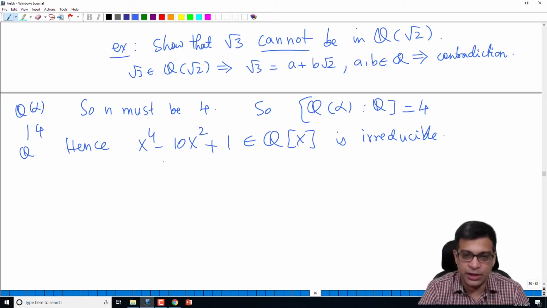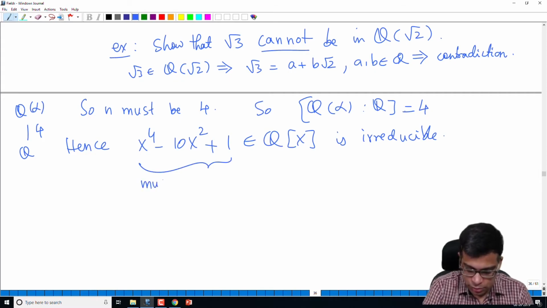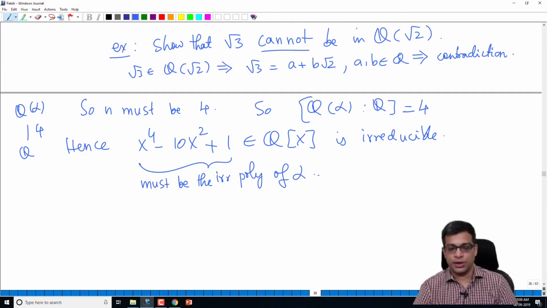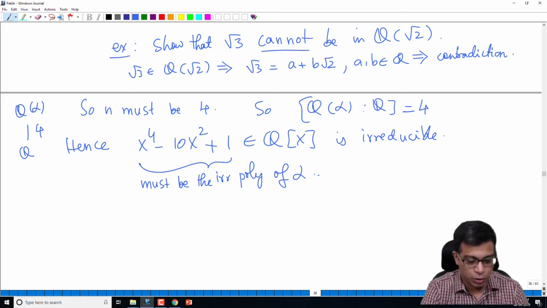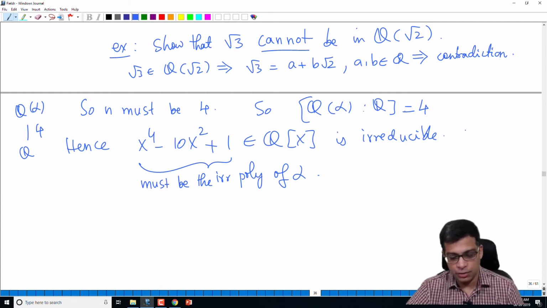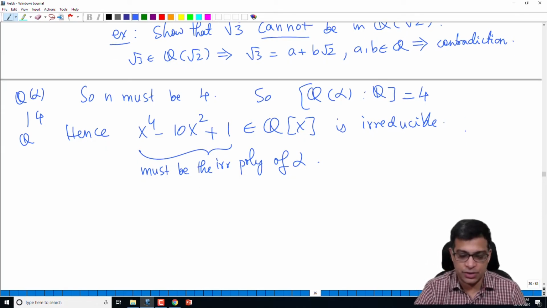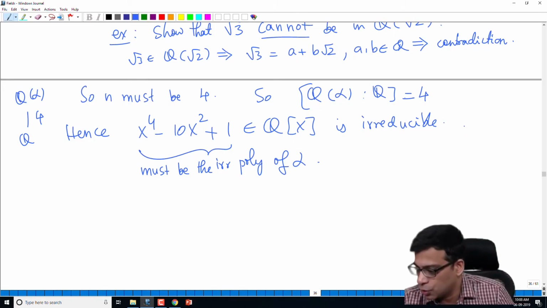So this must be the irreducible polynomial of alpha. Right? There is no other choice. It's a monic polynomial of the smallest degree possible for a polynomial which has alpha as a root, because this is 4, so this is irreducible. So this is nice, right? We can't directly show, because just playing with polynomials and writing factors and so on, it's very complicated to show this is irreducible. But using this field theory, we have shown that it is irreducible.